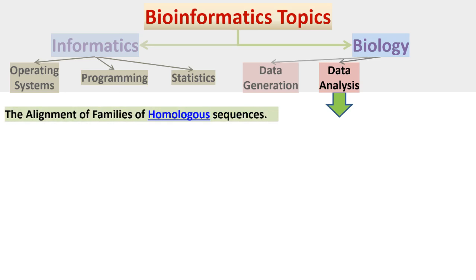Multiple sequence alignment, or MSA, is the logical expansion of pairwise alignment to enable the alignment of families of homologous sequences of, theoretically at least, unlimited size. The best algorithm for MSA would be a straightforward extension of that used for pairwise alignment.